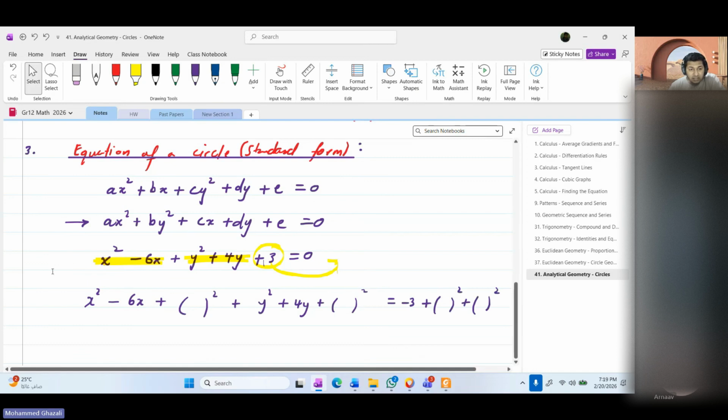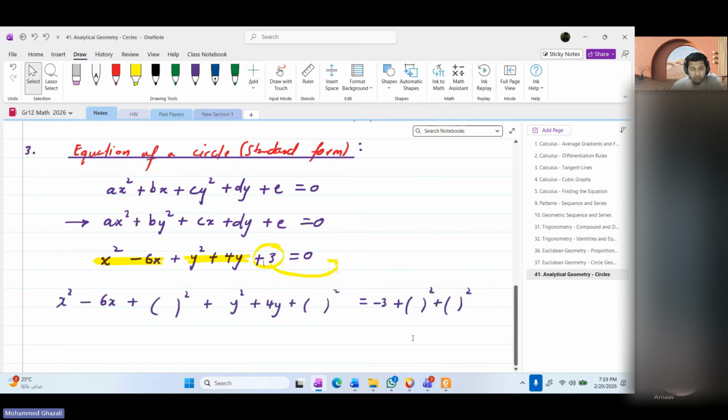Now, what is that something squared? Remember, I said complete the square. So you need to complete the square for x and complete the square for y. To complete the square for x, you need to take the coefficient of x and divide it by 2 and put it in the bracket. So you're putting minus 6 divided by 2. You need to take the coefficient of y and divide it by 2.